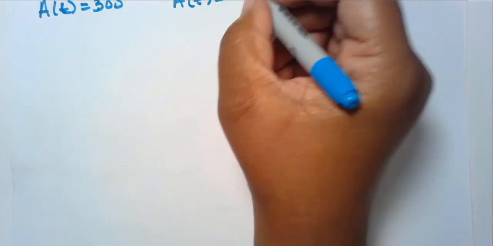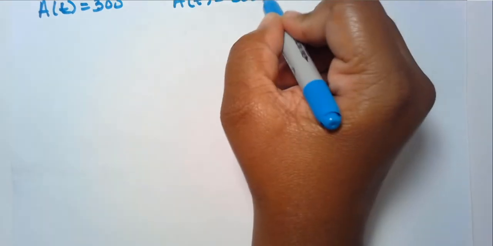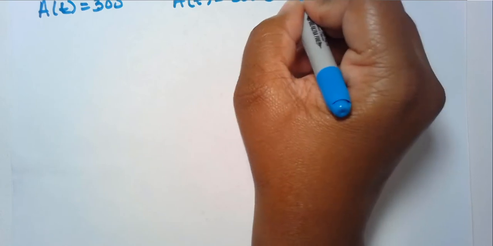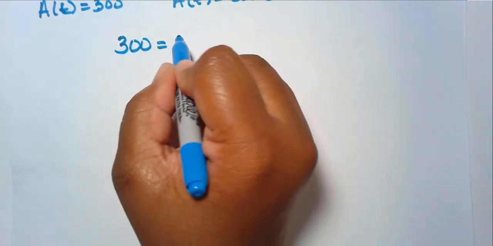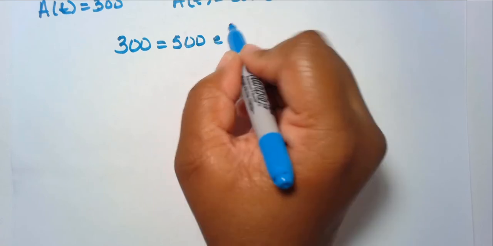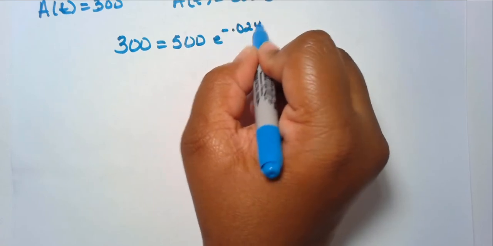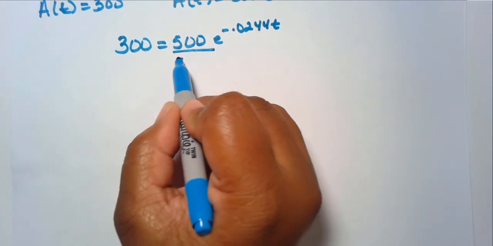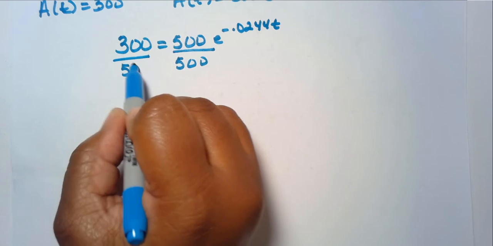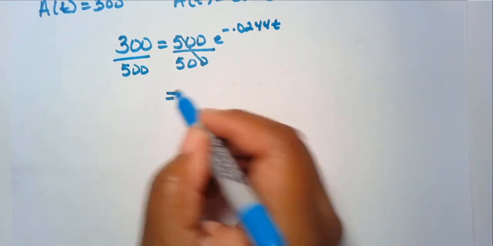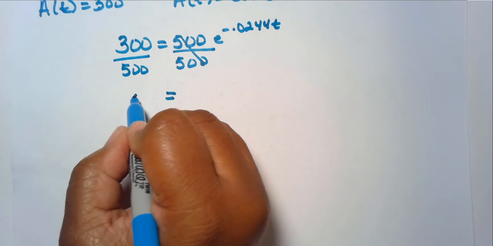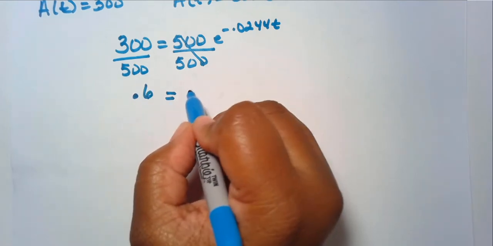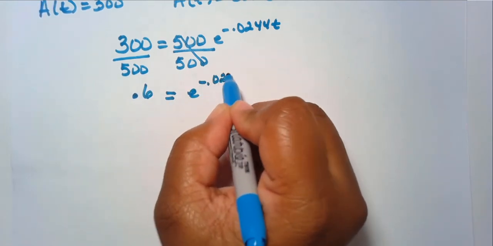A of t is equal to 500 e to the negative 0.0244 t. Substitute 300 in for A of t. So we have here 300 equals 500 times e to the negative 0.0244 t. We want base e by itself, so we're going to divide by 500 on both sides. And 300 divided by 500 is 0.6, which is equal to e to the negative 0.0244 t.